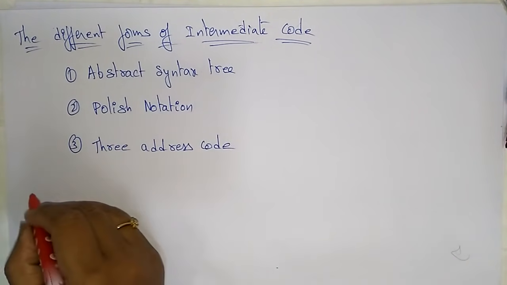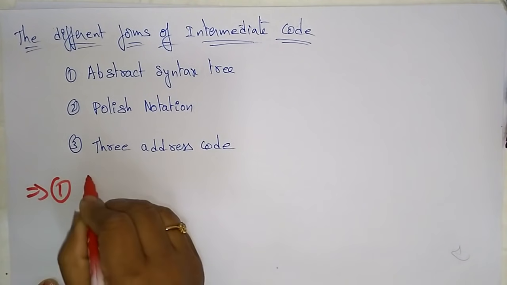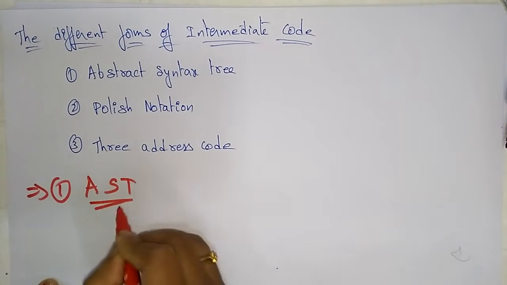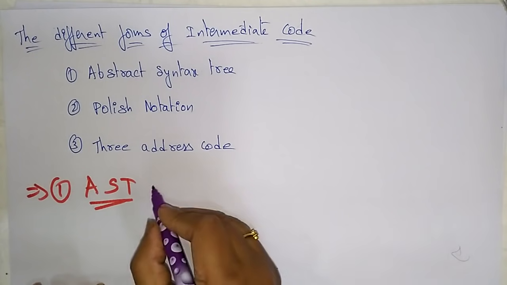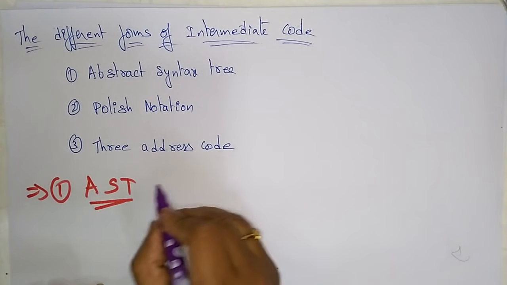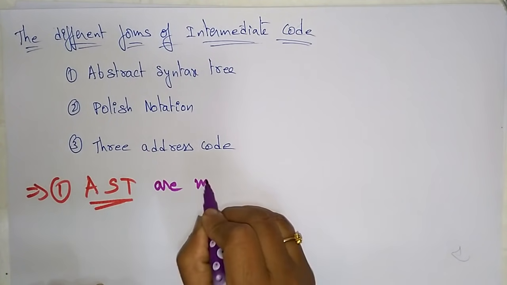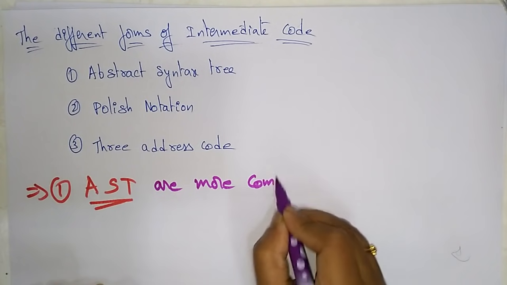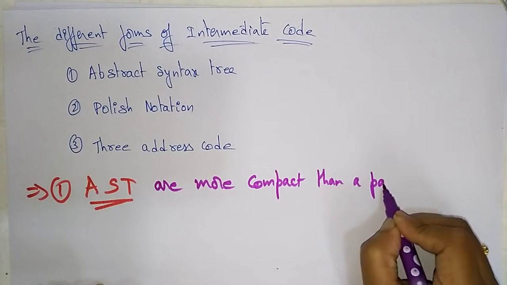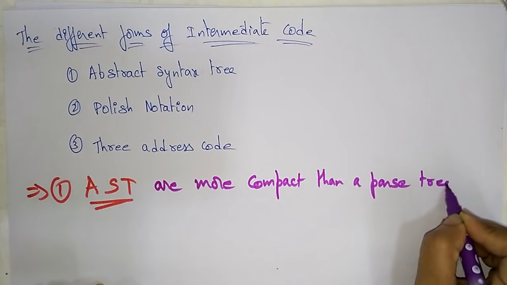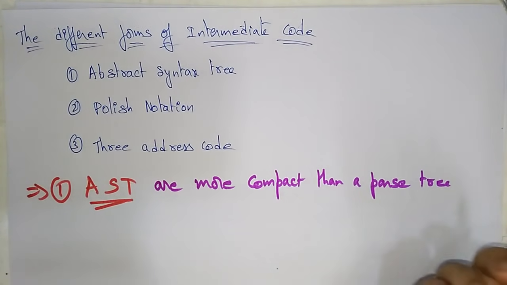Okay. So now first let's see what this abstract syntax tree is. The abstract syntax tree is more compact than a parse tree. You know the parse tree is just taking the expression and representing it in the form of a tree.